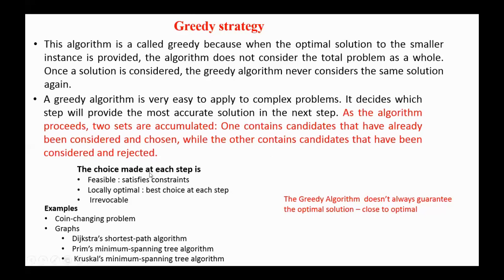The choice made at each step is feasible, satisfies constraints, locally optimal, the best choice at each step, and irrevocable. Examples: coin changing problem, graph applications like Dijkstra's shortest path algorithm, Prim's minimum spanning tree algorithm, and Kruskal's minimum spanning tree algorithm.